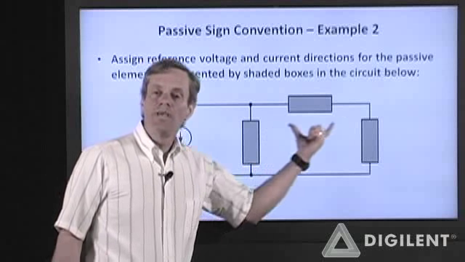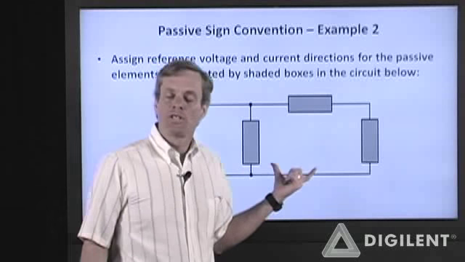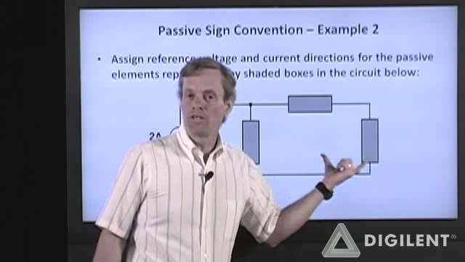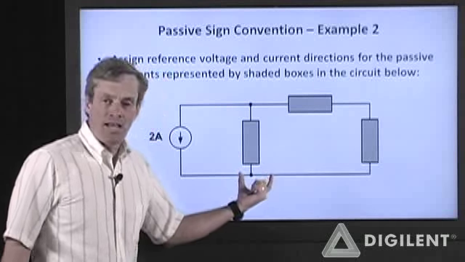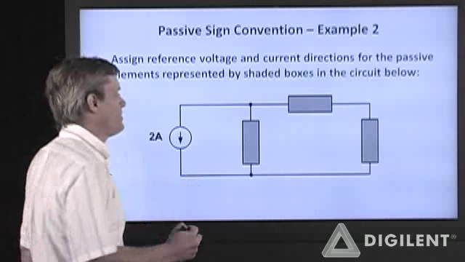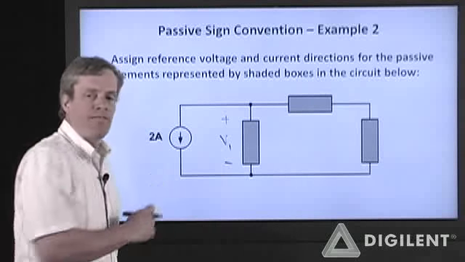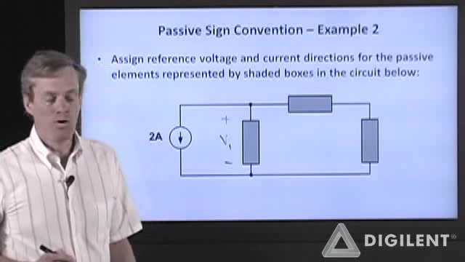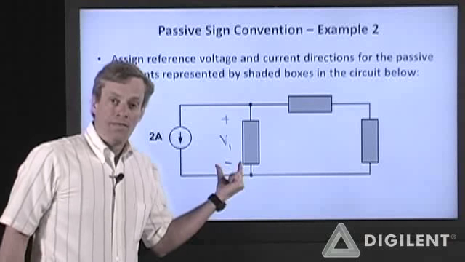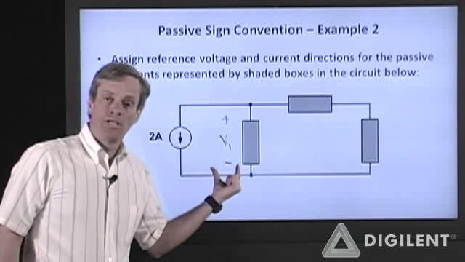Now I can assume either the current direction or the voltage polarity arbitrarily for each of these elements. So for this element, let's call it element 1, I'm going to assume that the voltage polarity is positive at this node relative to this node. That assumption individually doesn't matter.